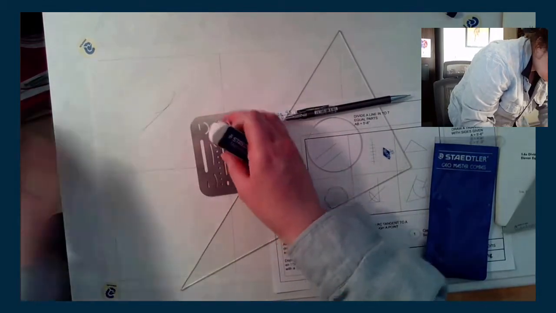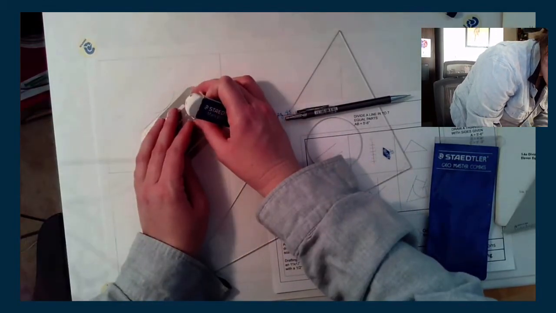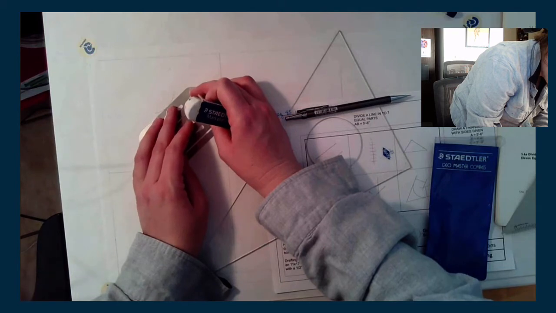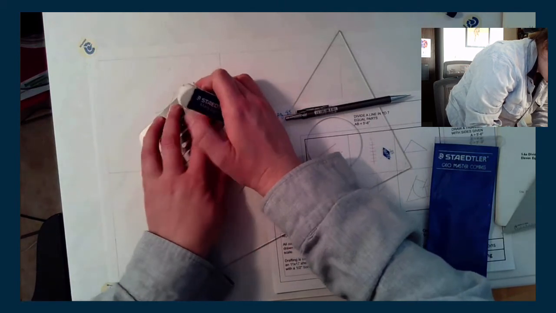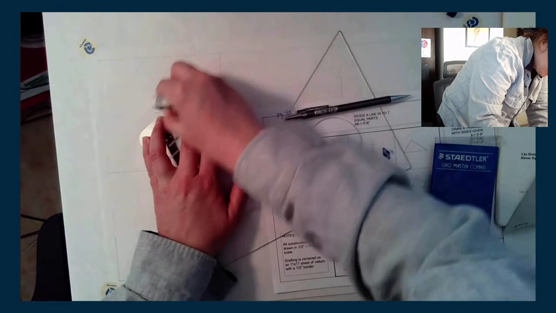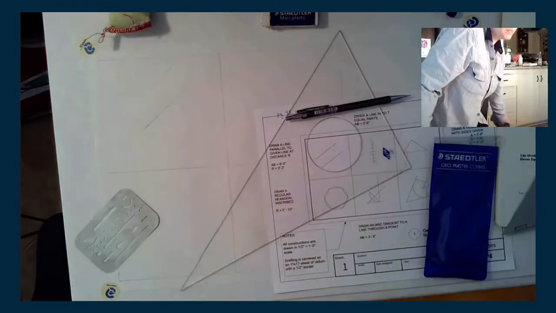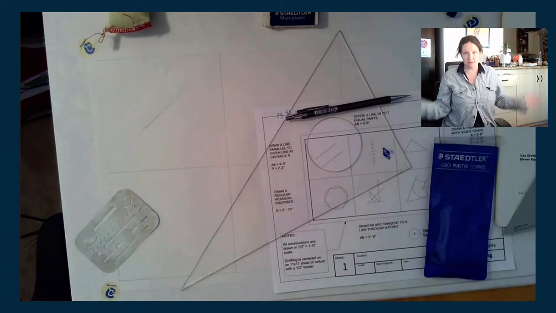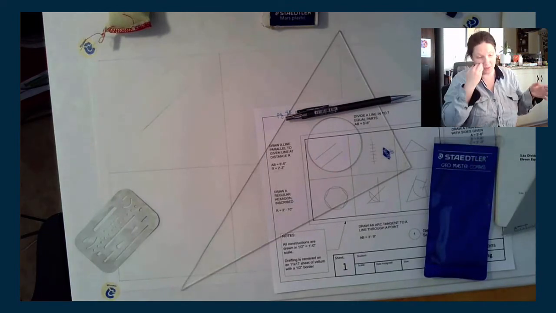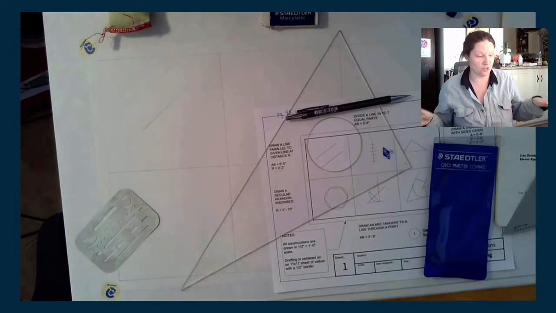And I'll also hold my eraser shield over the line I've struck in order to erase the arc that created it, okay? So now I can go back in at the end and go over that line with my HB lead when I'm finished with the whole plate.